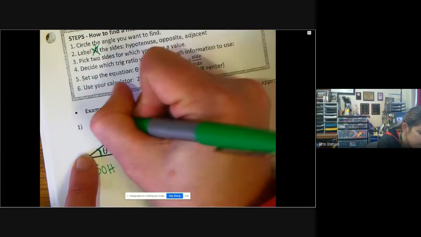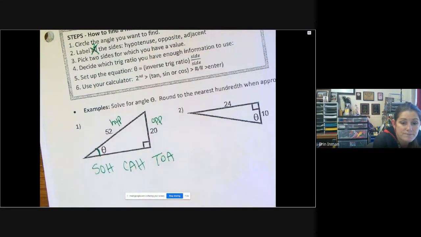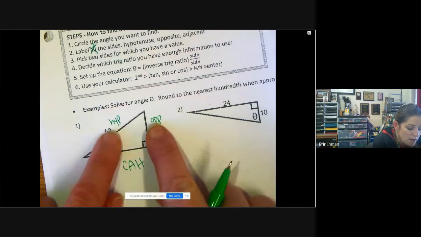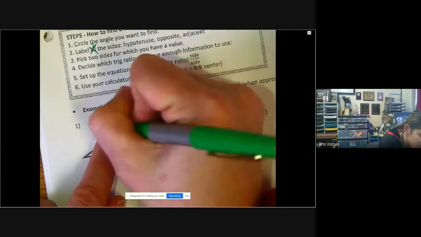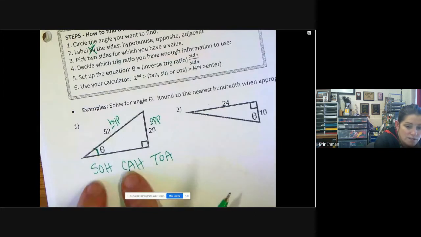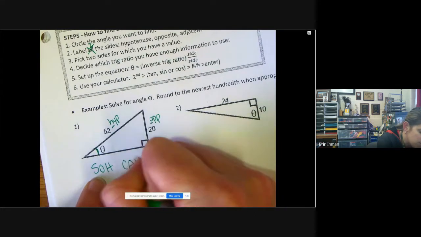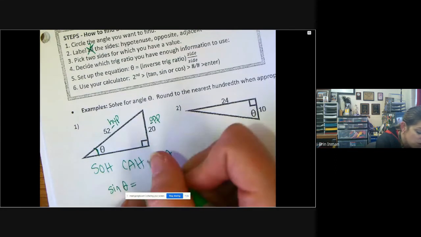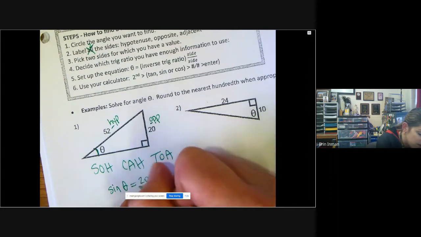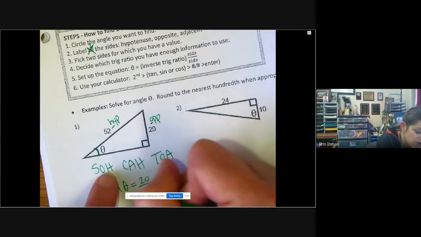It's not a leg. This is the hypotenuse. So I have O and H, and that is going to narrow it down to sine. So the sine of an angle equals the opposite, which is 20, over the hypotenuse, which is 52.